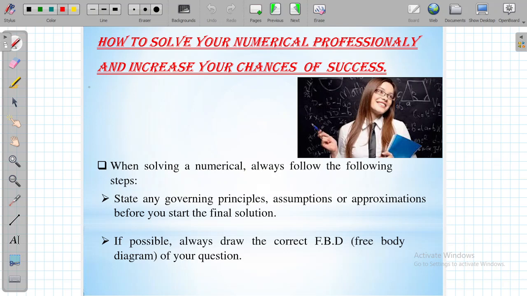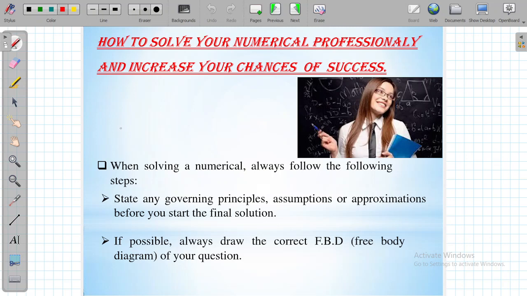Students, this is a continuation from the last video in which we discussed how to score really well during an exam, what important tips you must follow so that your grade increases. In this video, we will see how to solve your numericals professionally, effectively, and increase your chances of success.